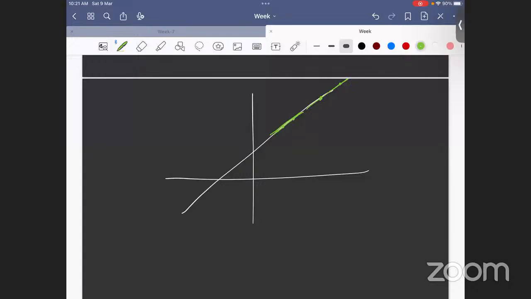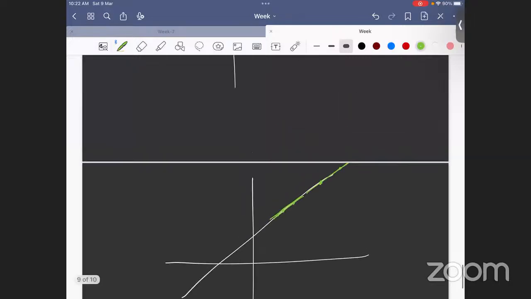When we draw a tangent at a particular point, it is y equals mx plus b, based on the slope itself. If it goes upwards, the slope will be positive, and if it goes downwards, the slope will be negative. So that's why the tangent defines the direction of the curve at a particular point.